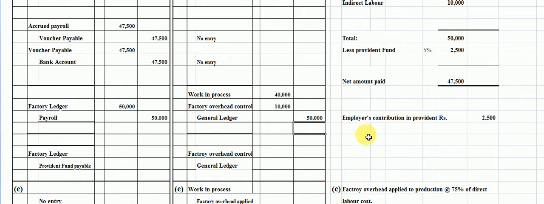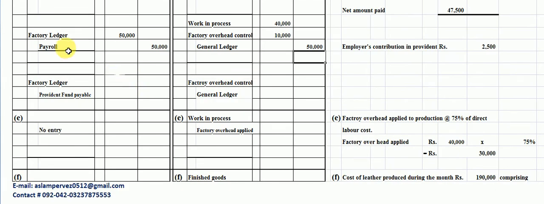Students, now the next entry is the employer's contribution in provident fund, 2,500 rupees. For this purpose, in the head office book, the factory ledger is debited 2,500 rupees, and the provident fund payable is 2,500 rupees as a liability is created here.